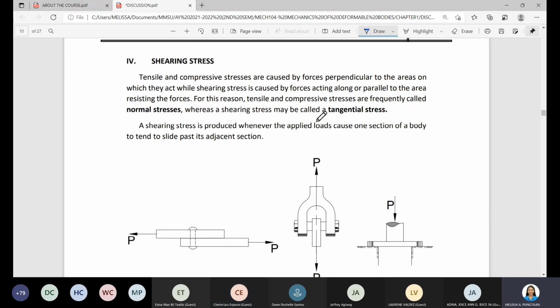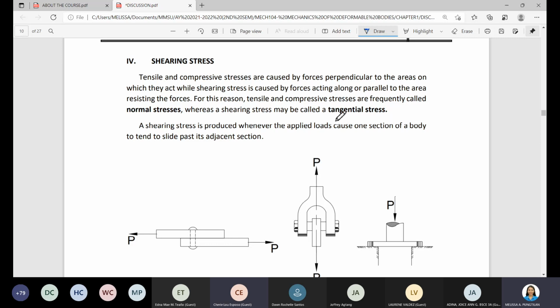So, dito na tayo ngayon sa shearing stress. So, as I have discussed kanina, shearing stress is the force that is acting parallel sa ating cross-sectional area, while the normal stress is the force acting perpendicularly sa ating area. So, tensile and compressive stresses are frequently called normal stress, whereas a shearing stress may be called as our tangential stress.